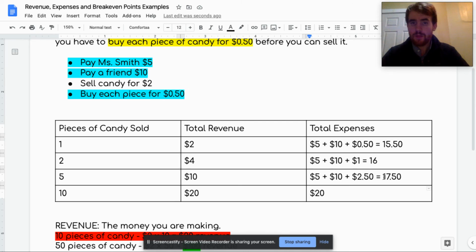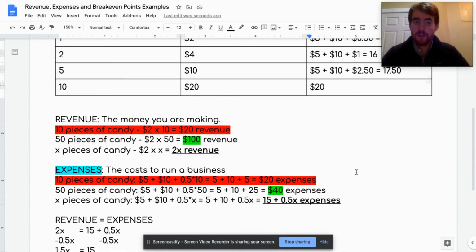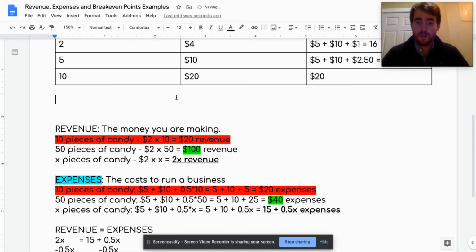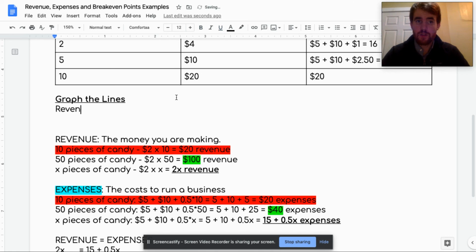Another way you could do it is graphically. So we wrote these expressions, right? The revenue is 2x. The expenses are 15 plus 0.5x. You could actually graph both of these lines. The revenue is going to be a graph that is equal to y equals 2x.